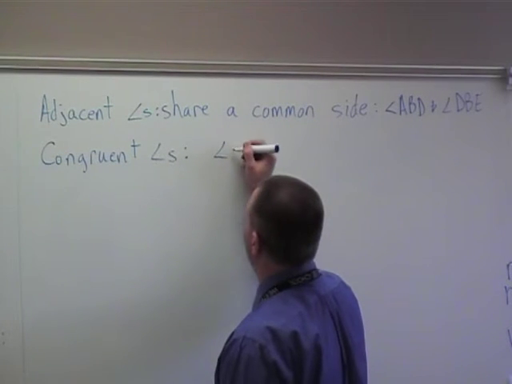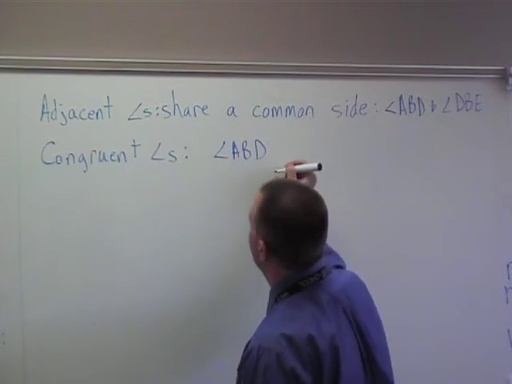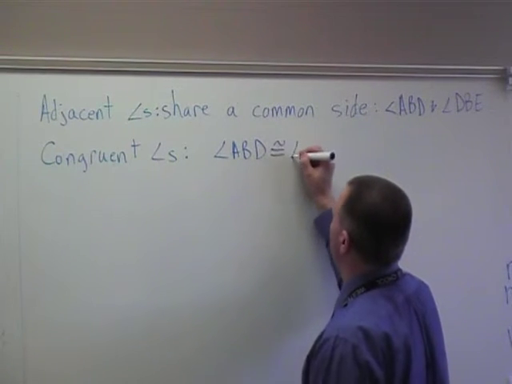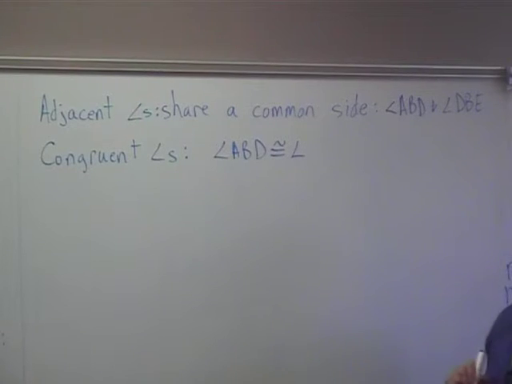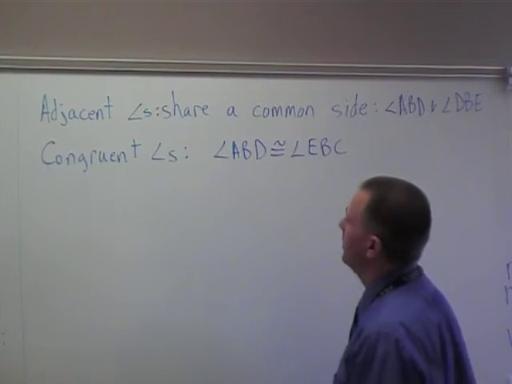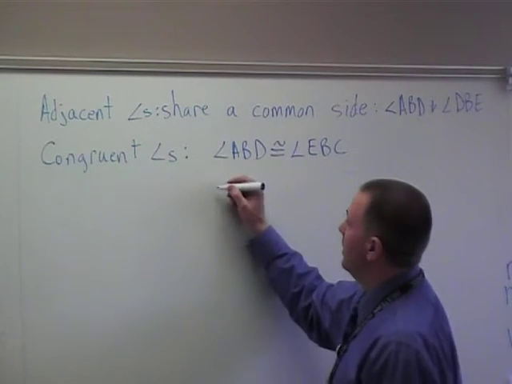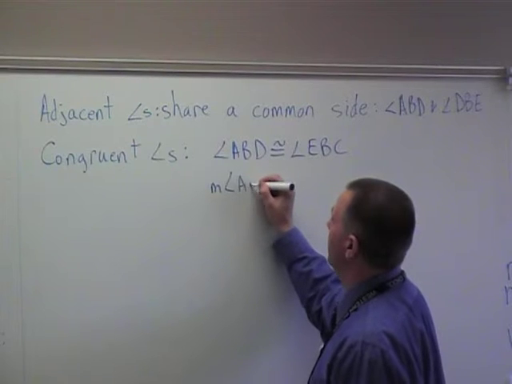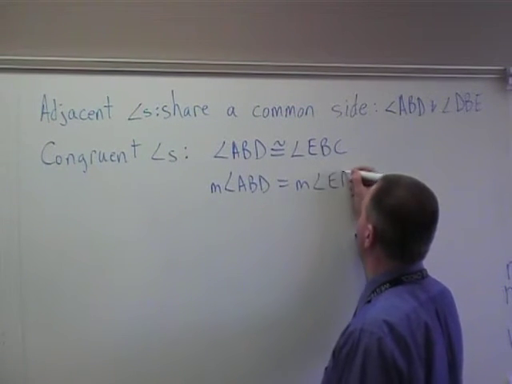So if I say angle ABD, that is congruent to angle what? Yes, EBC. If I want to talk about equality, I would say the measure of angle ABD is equal to the measure of angle EBC.